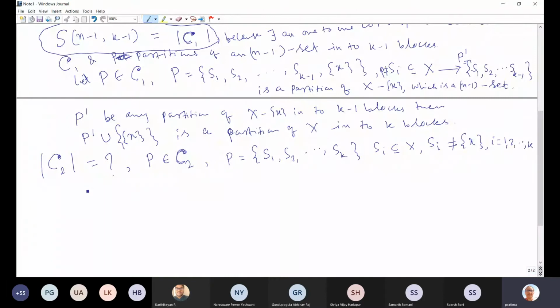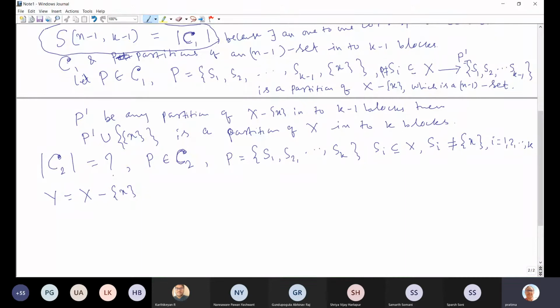Well, fine. So next, what I shall do is the following. Let us take Y to be the set X minus the singleton set {x}.